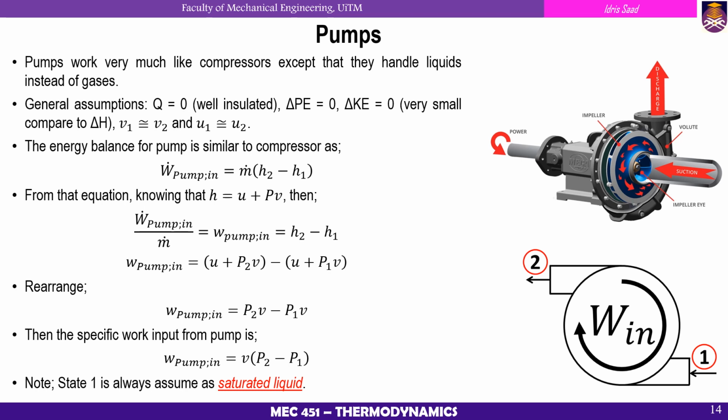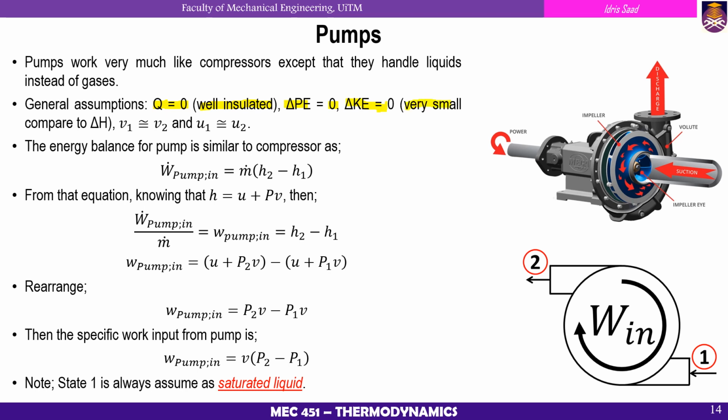The general assumptions for the pump are Q is equal to 0, which means it is well insulated, and delta PE is equal to 0, as well as delta KE.